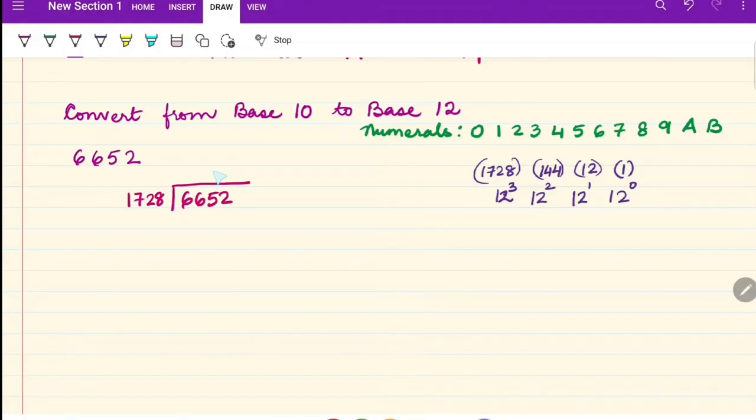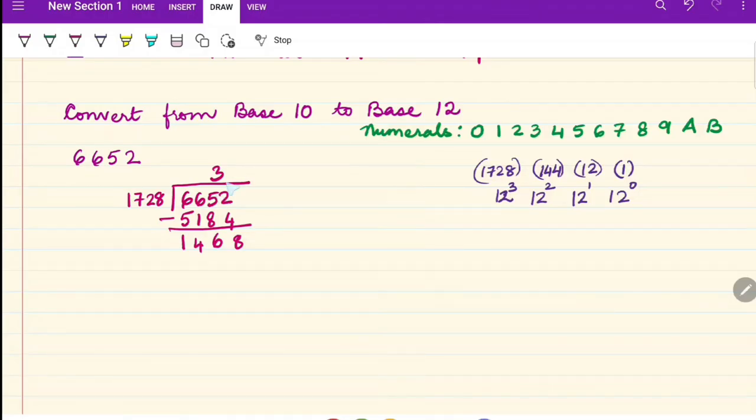So let's write that, 1,728. So 3 times 1,728 is 5,184. When you subtract that, you should get 8 and then 6, 4, 6 minus 5 is a 1.